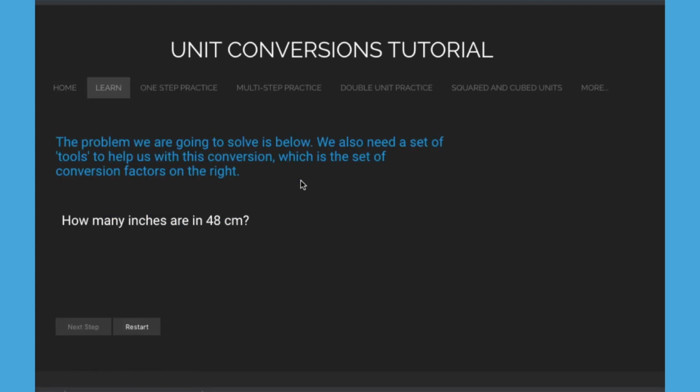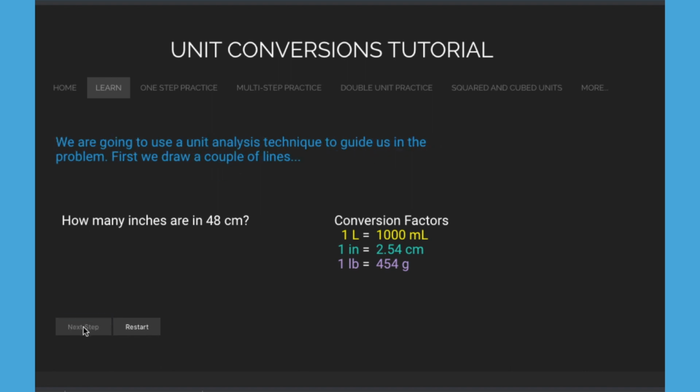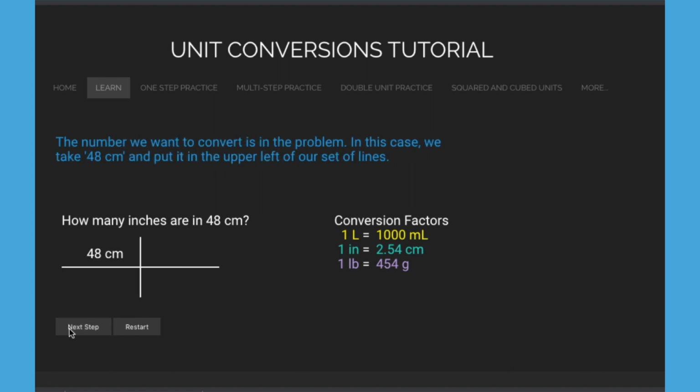The Learn will walk them through the method of displaying things on the computer so that units cancel. So they read the thing up above, they click on Next Step. They show starting out with the number and unit that they're given. They show the units canceling when you insert the numbers.